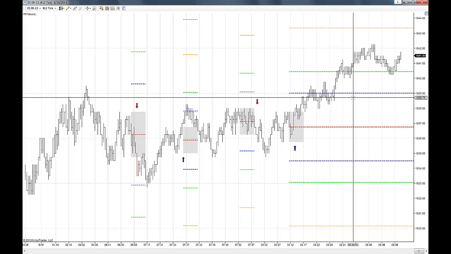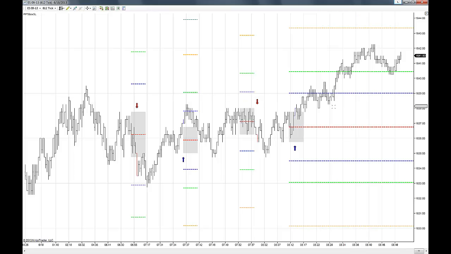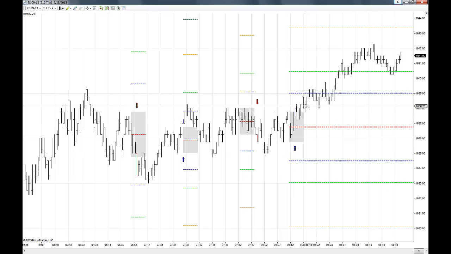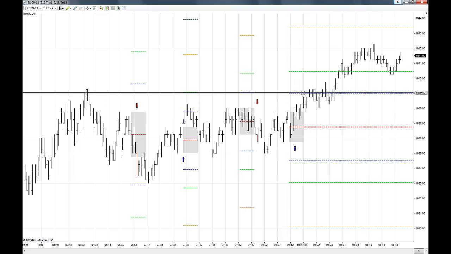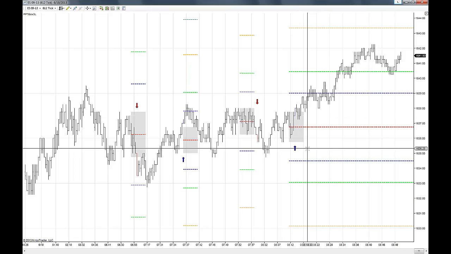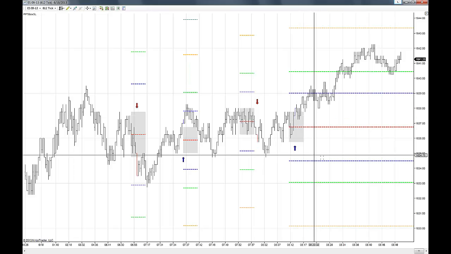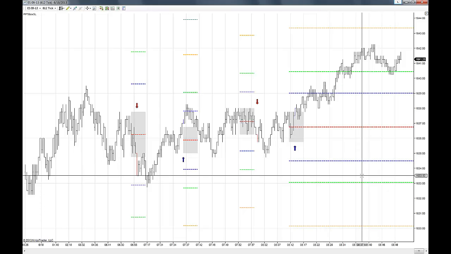And that one thing is really three things. It's the box, it's the arrow, which also changes the color of the bar, and it's these lines. I don't want to look at anything else. I don't want to look at a doji. I don't want to look at a spinning top or a shooting star. I want to look at this, because this is easy. This is simple. I don't want to be distracted by anything else.